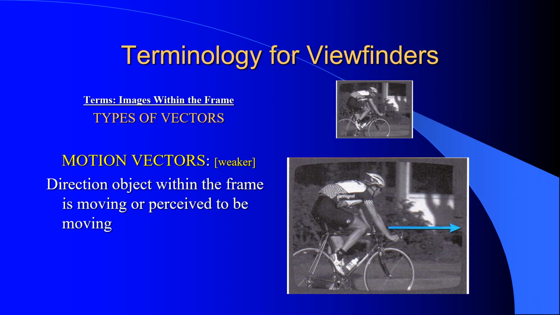We look at this and we assume the bicyclist is moving to the right, but then if something happens, the bicyclist hits something, or the film is reversed and the bicyclist is actually going backwards, then we react to that. But our assumption is that the bicyclist is in motion and that motion is to the right.